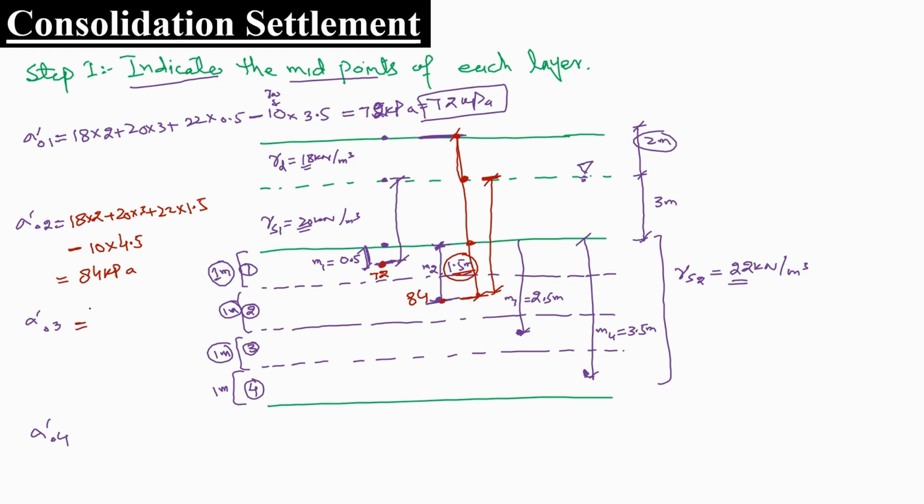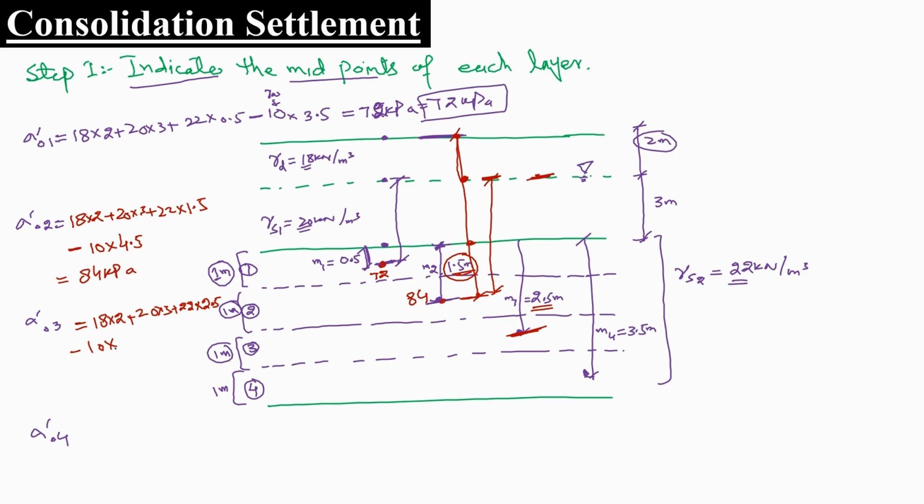Now going to this third point, this will be 18 into 2 plus 20 into 3 plus 22 multiplied by 2.5. This one is for soil. This is total stress minus, when you are going to subtract water, then you have to calculate the distance of this midpoint from water surface.